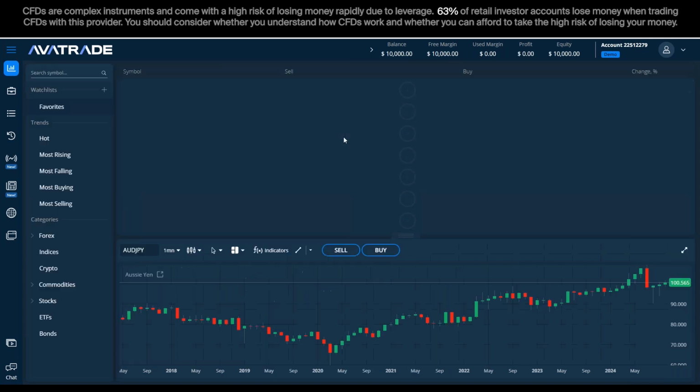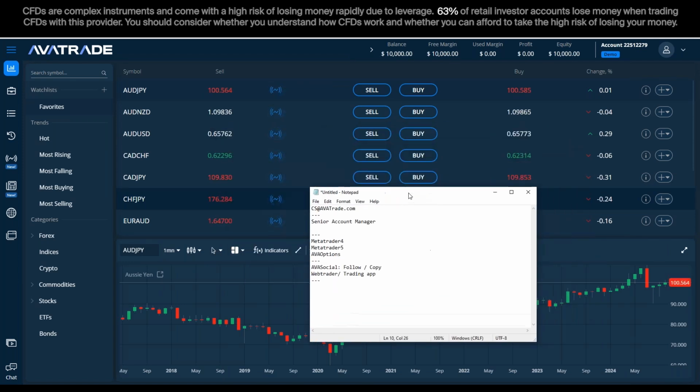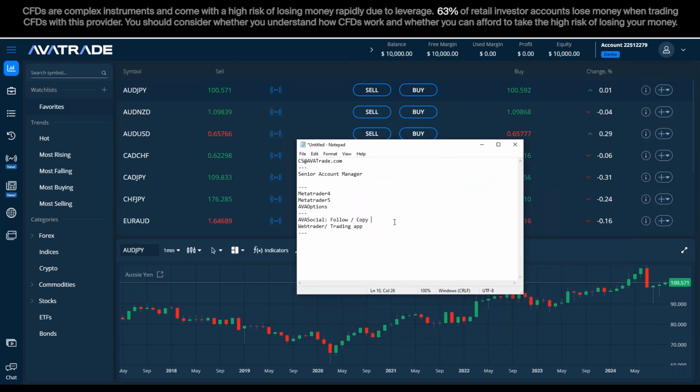It allows you to either follow or copy a client, a trader. The way that it works is very, very simple. You have two buttons, similarly to what we see here, just obviously a little different on the app. Following a trader means that I'm going to get notifications with the positions that the trader I'm following is taking.